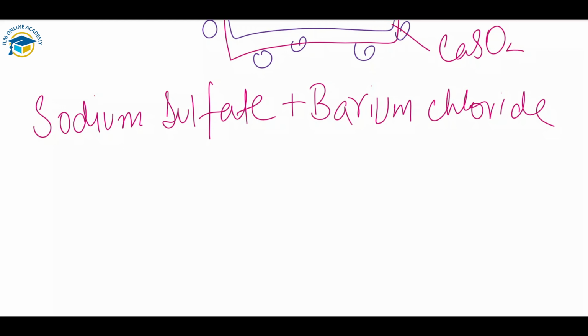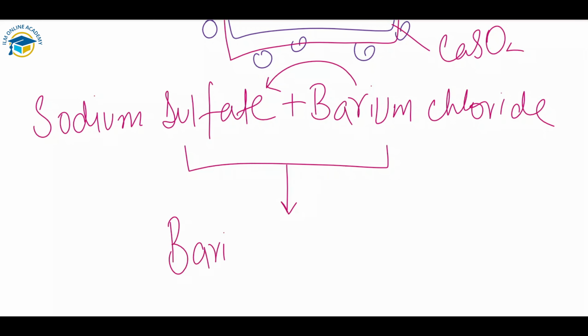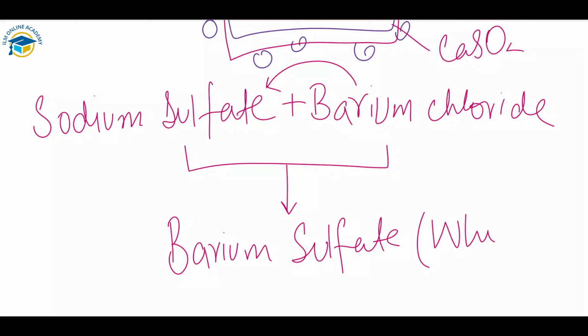The insoluble white solid, barium sulfate, is formed immediately by the reaction between these two. Barium reacts with the sulfate and forms barium sulfate. The insoluble solid is released, and that insoluble solid is the barium sulfate. This is the white solid that is formed, and its precipitates are present in the solution.